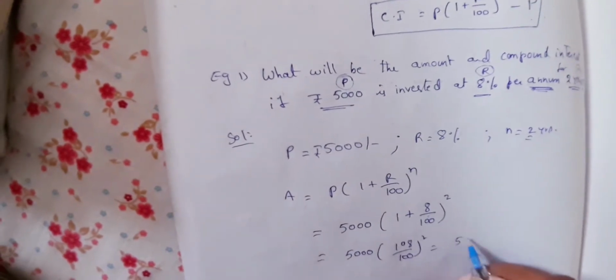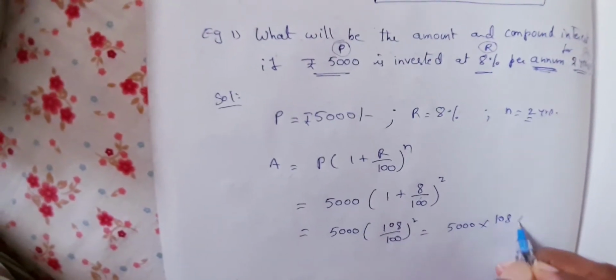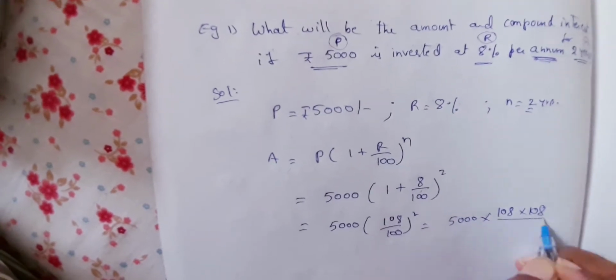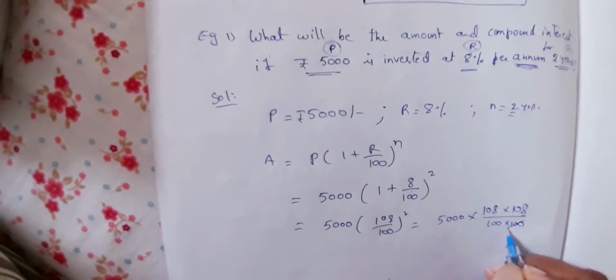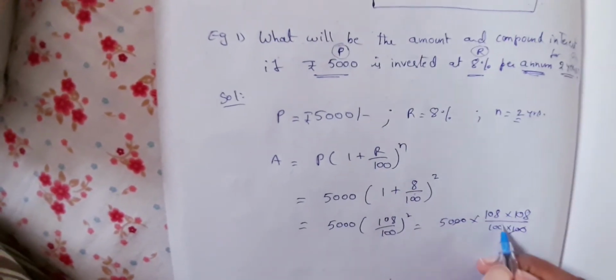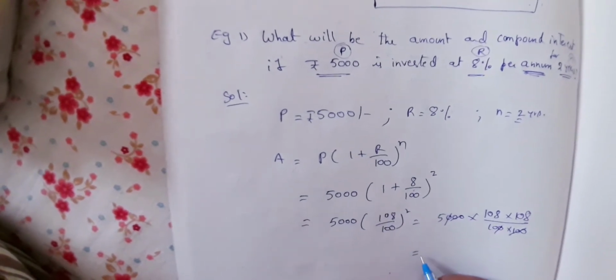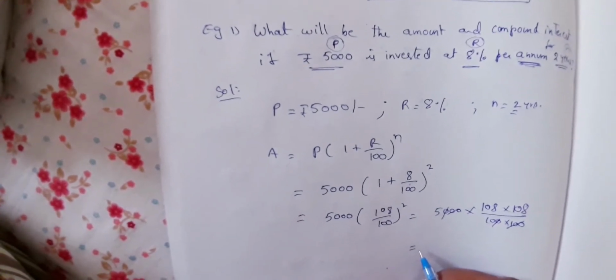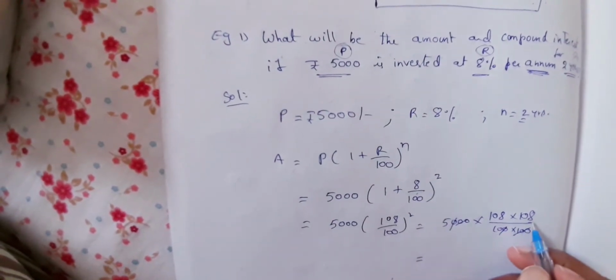So that can be written as 5,000 into 108 into 108 by 100 into 100, because square is given. So 2 zeros, 1 0 and 0 will be cancelled here. So we are left with 5 into 108 into 108.